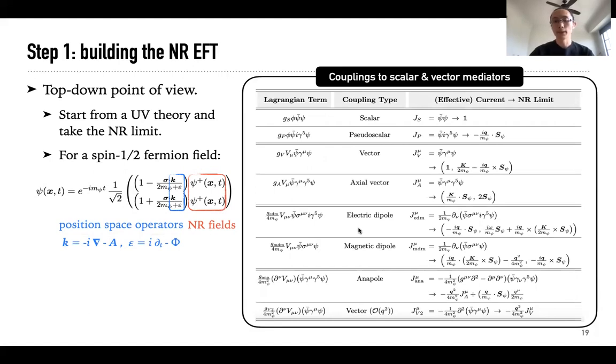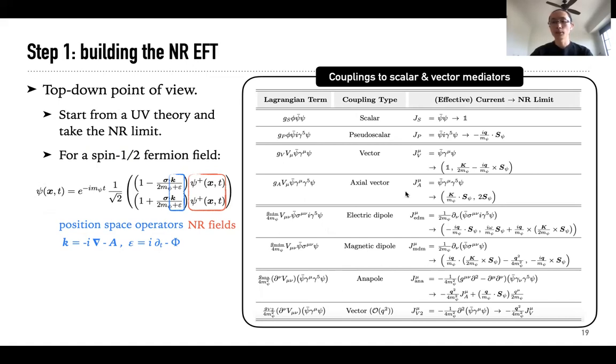For example, at the next order, we have the electric dipole and magnetic dipole moment. And at the dimension 6 level, we have the anapole moment. And these are all the possible types of interactions, and other operators will just be these existing types multiplied by a momentum dependent form factor.